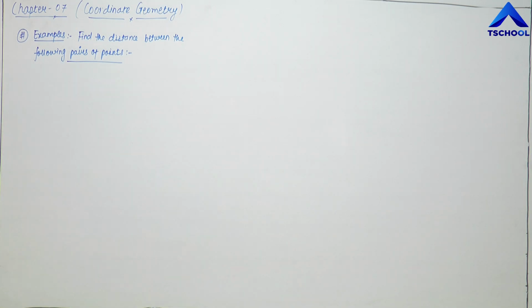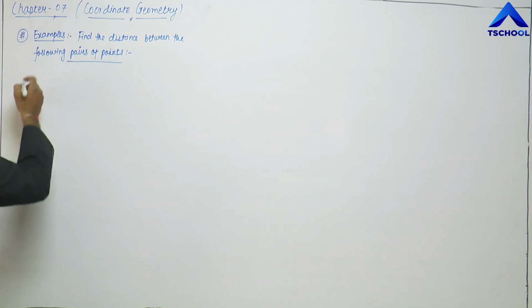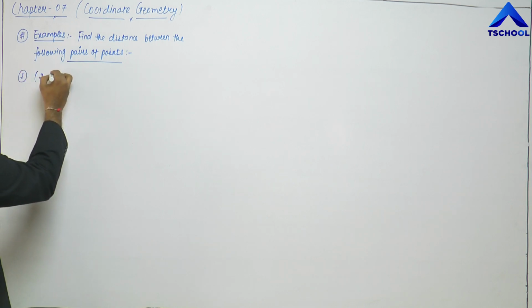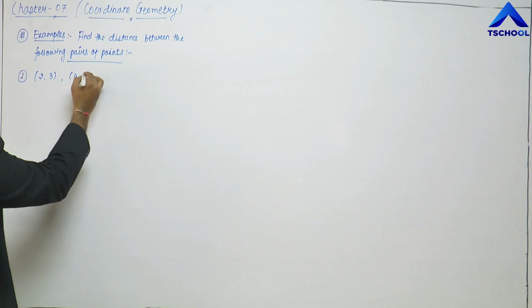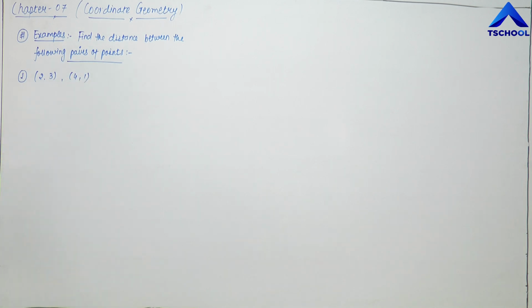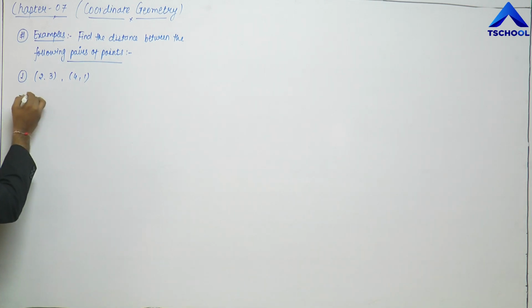Now the first pair given to you here, friends, is 2 comma 3 and 4 comma 1, right? So let us try to solve this. So how will you write it down, friends?